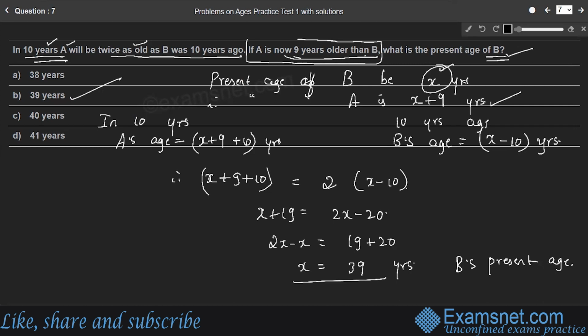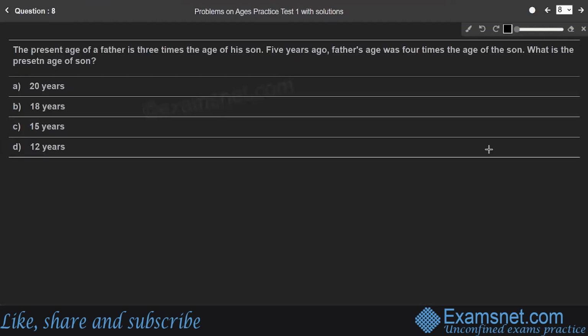Question number 8. The present age of a father is 3 times the age of his son. 5 years ago, the father's age was 4 times the age of the son. What is the present age of the son? So students, let us assume the present age of the father is x years and his son's age is y years, right?